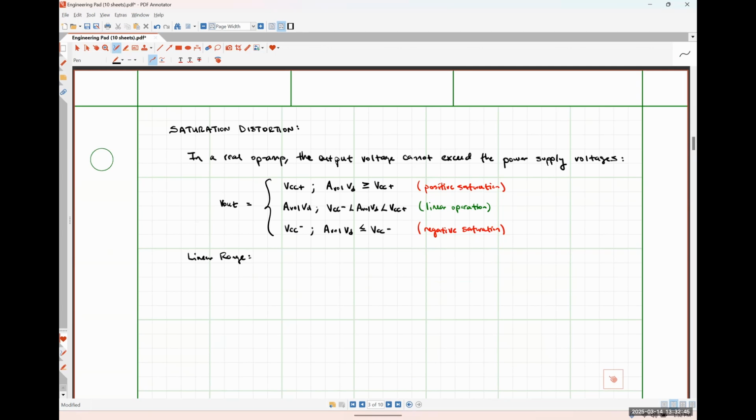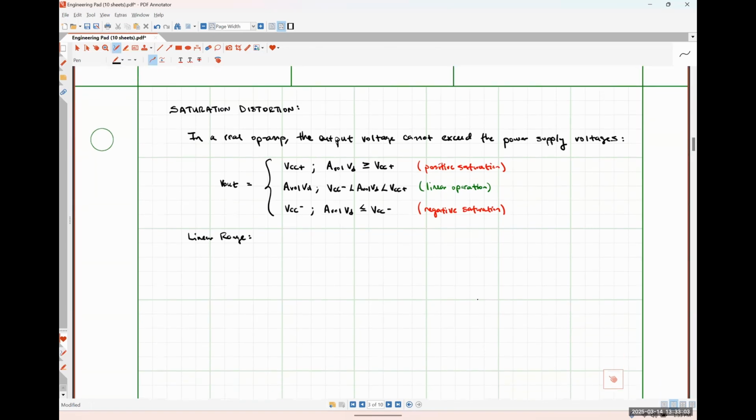So the linear range for an amplifier is literally the values of the input voltage that can be amplified without hitting saturation, okay?